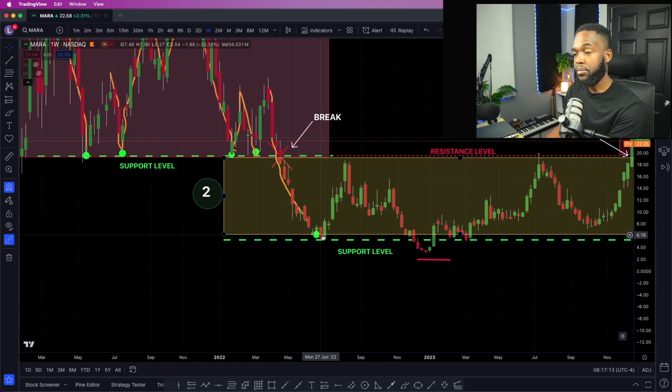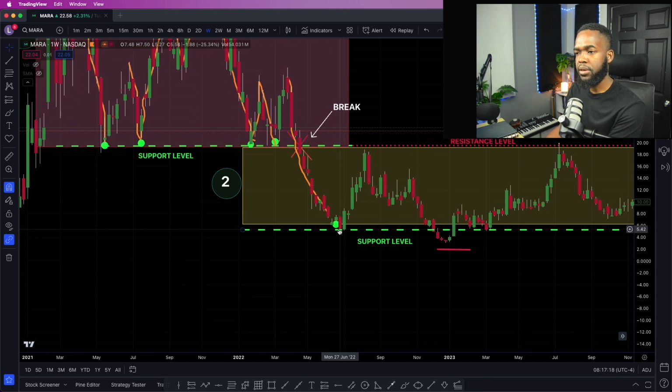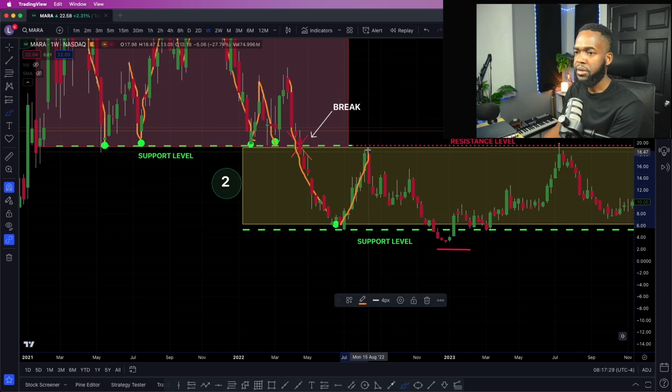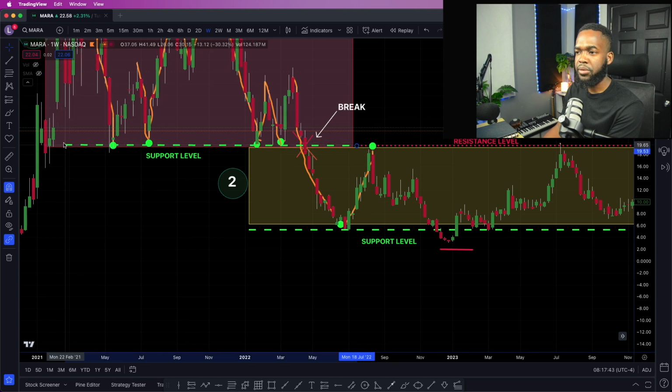Now price comes here. Price is telling us something, right? Maybe this level too is a support level, and price bounces higher and stops. We can do the same thing and mark this level. Now remember, this area was a support level.